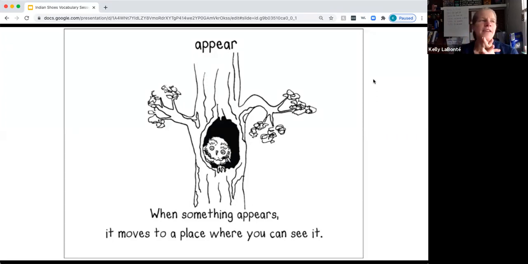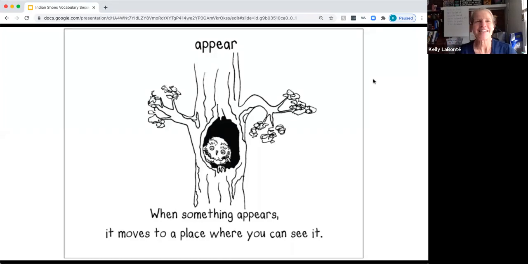Let's stop and think a little bit and ask ourselves, what are some other things that connect to or remind me of that word appear? What is something that you would say appears? Can you think of 3 or 4 things that you would associate with that word appear? Talk to the person next to you.